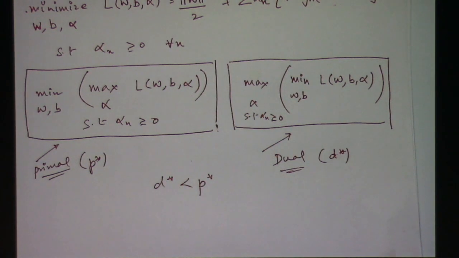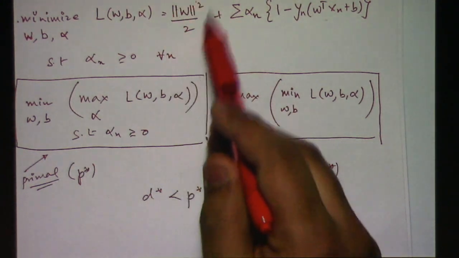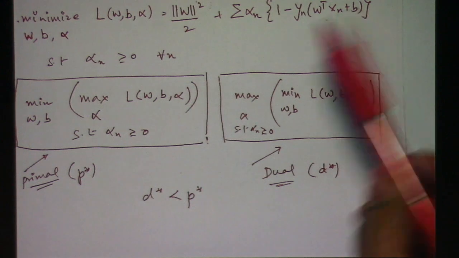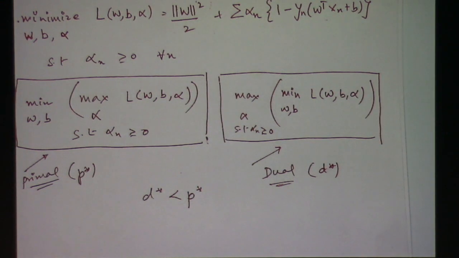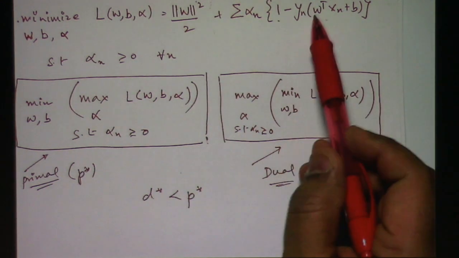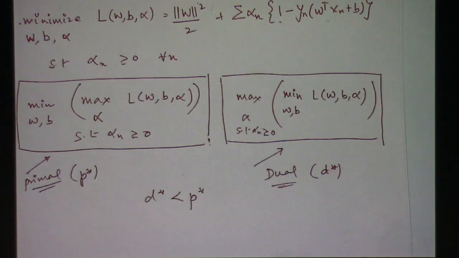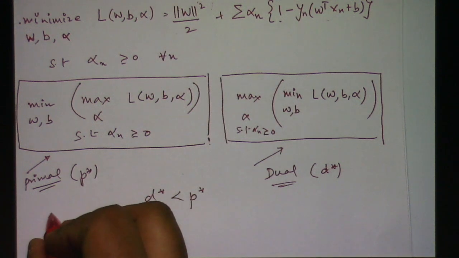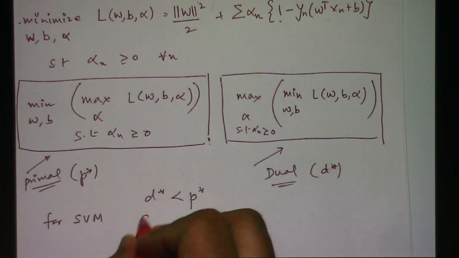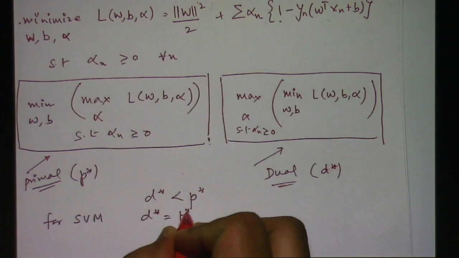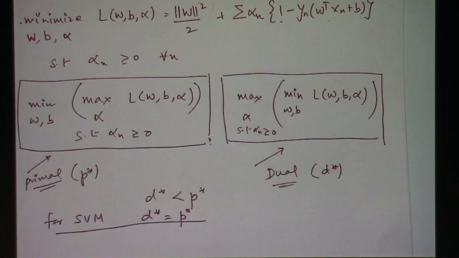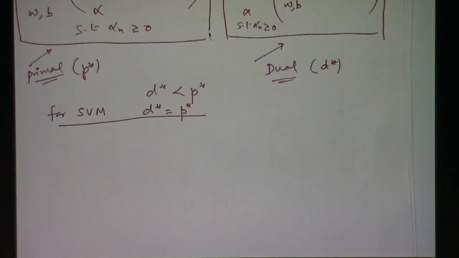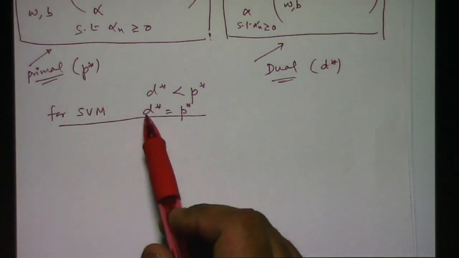However, if your objective function, which is this, is convex, which is convex in this case, and if all of your constraints are affine, meaning linear, which means you can express them as a linear function of your W's and B's and everything else, then these things are same. Okay, and there's a mathematical proof to prove that, but here we are going to treat that as a given fact that for SVM D star equal to P star.